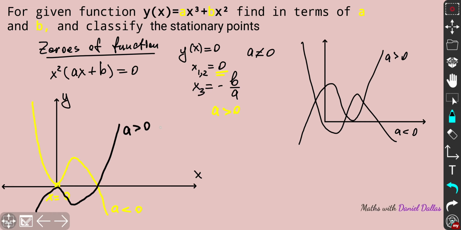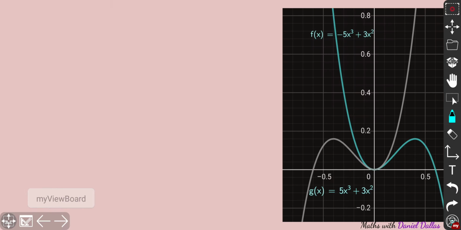But these are not all the cases we can get, because b will also have some influence on the point. To play with coefficients, I'll offer you to plug in some values. For example, we can take a equals positive and negative 5, and let's take b equals, again, positive and negative 3. And let's explore actually 4 cases that we might have in this way of analyzing.